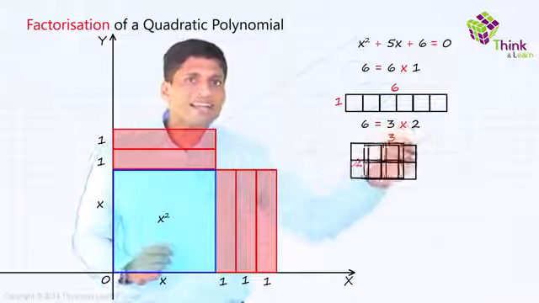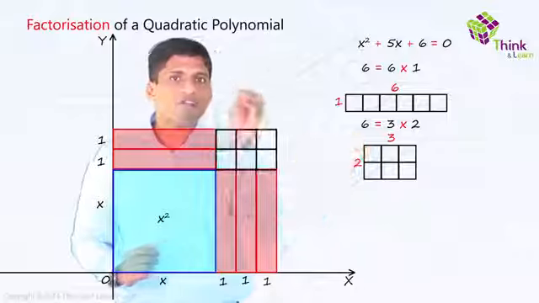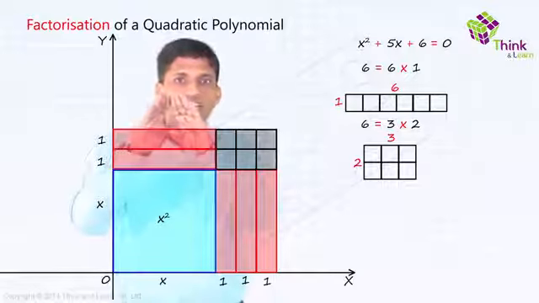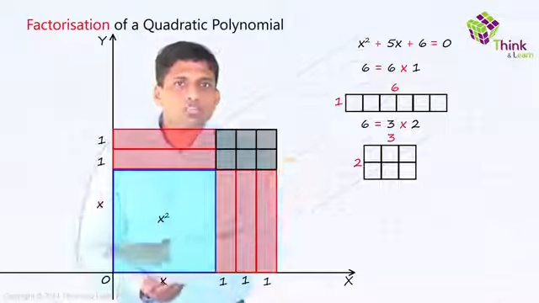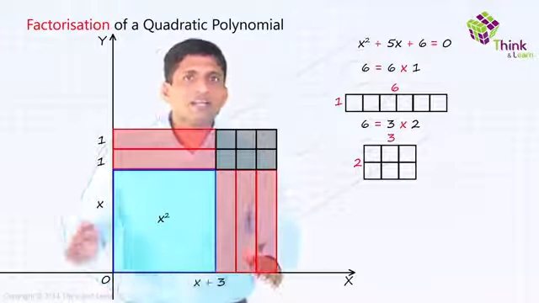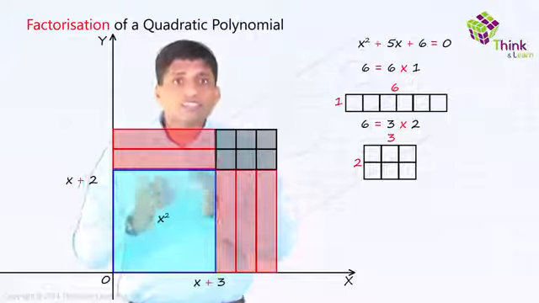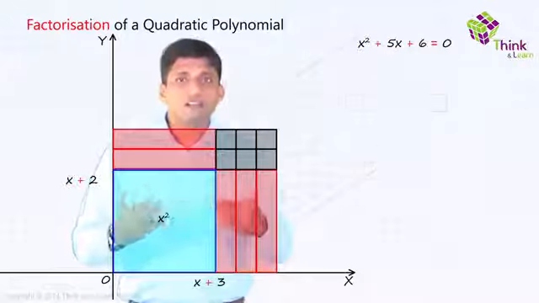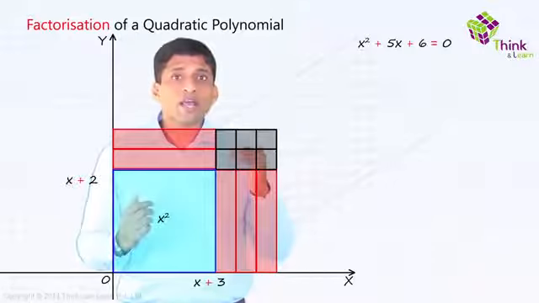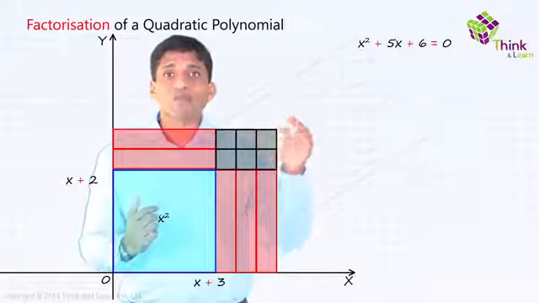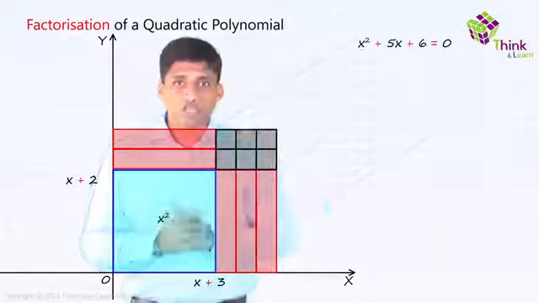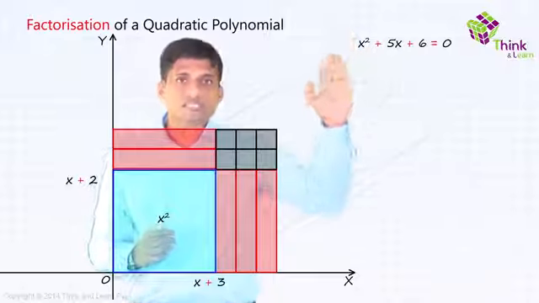So I can directly take this 3 by 2 rectangle and fill it here. So it's a complete rectangle now with length x plus 3 and breadth x plus 2. So area of this rectangle is nothing but, if I take length into breadth, x square plus 5x plus 6, which is our original expression. So x square plus 5x plus 6.